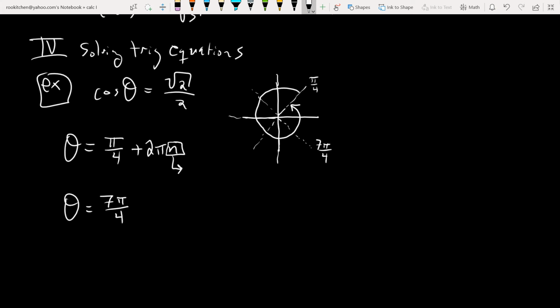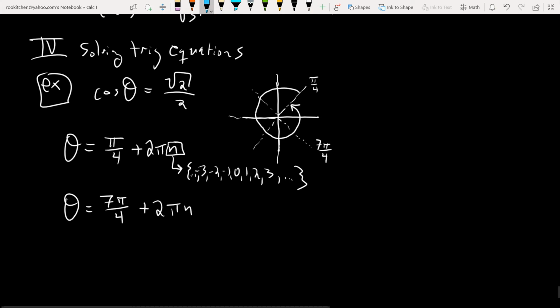So the integers, if you've forgotten, are the counting numbers, -3, -2, -1, 0, etc. Okay, and 7 pi over 4 then, plus all multiples of that. So in particular, it's anything that falls right here and anything that falls right here.